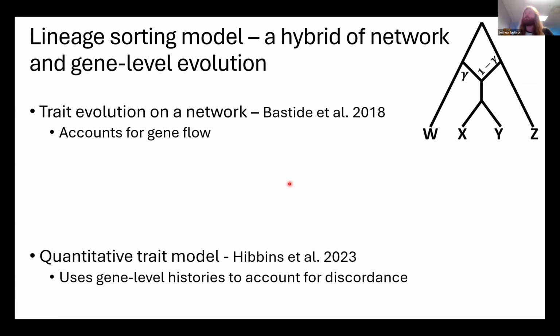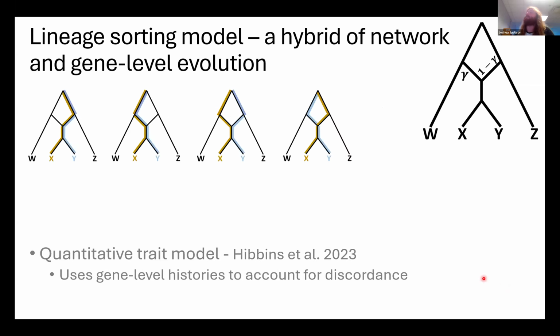First, we might consider trait evolution on a network, which is a model that can account for gene flow. The way this model works is it considers all of the various paths that lineages might travel along, and it considers the covariance between these lineages along all of these paths. Then it considers the probability that lineages are going to travel along these paths.